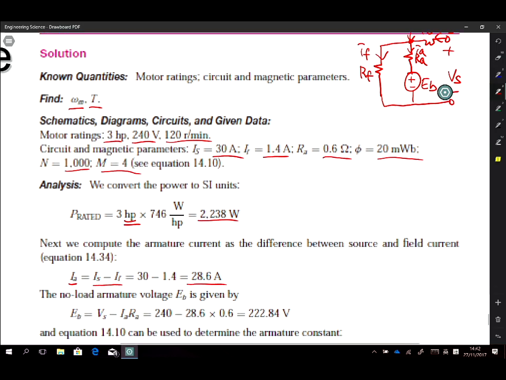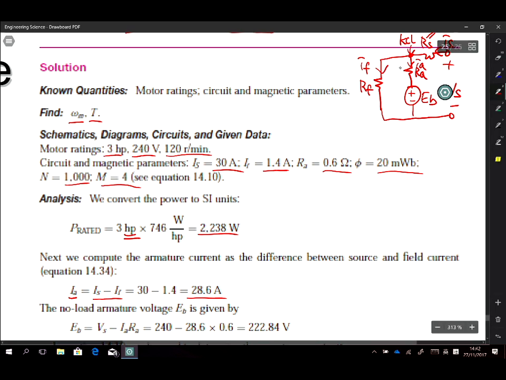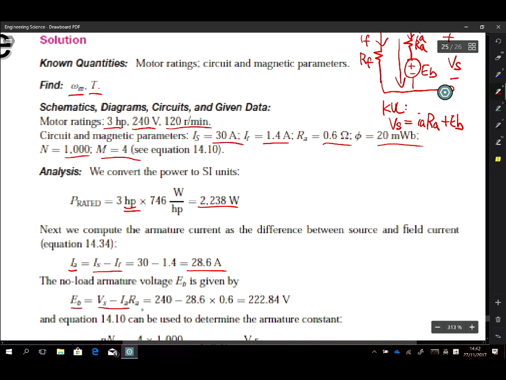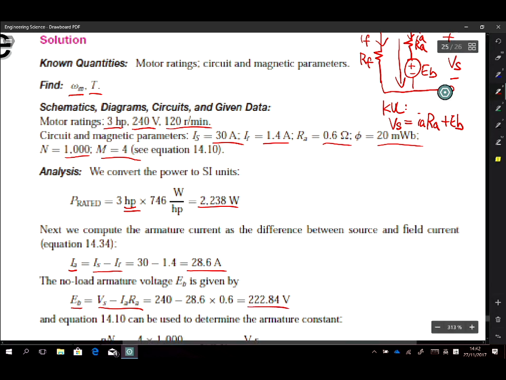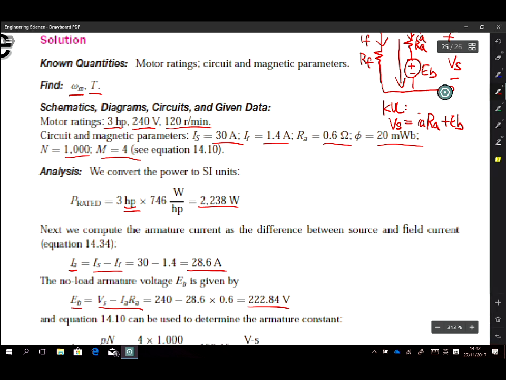If you apply KVL to this path, you have Vs equal to IA RA plus EB. So your EB becomes Vs minus IA RA, and it gives you 222.84 volts. This is EB, the back EMF.